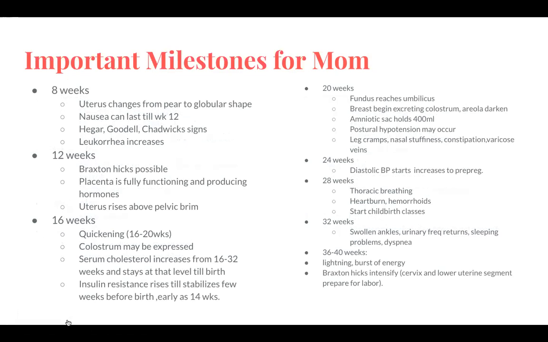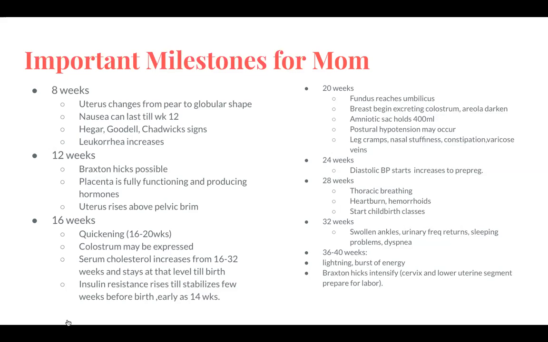Postural hypotension may occur. And know that the bothersome things that women face during pregnancy are leg cramps, nasal stuffiness, constipation, and varicose veins. Then diastolic blood pressure starts to increase, and I would just be aware of the rest.